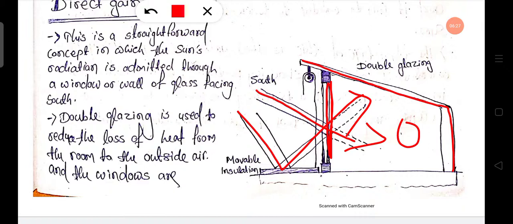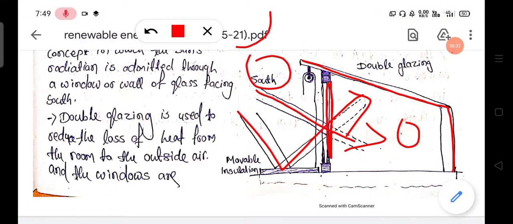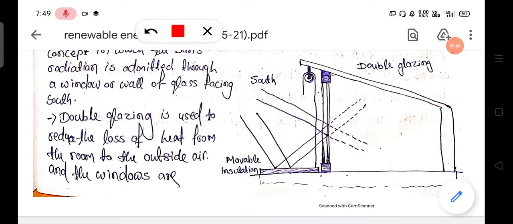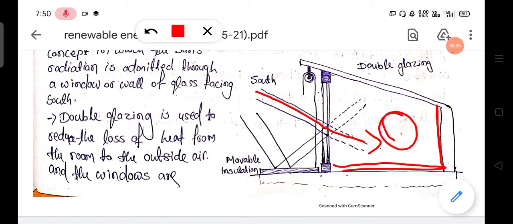So this is the south direction, here is the sun. Then the sun rays coming through this heat the floor, wall and air inside our room.